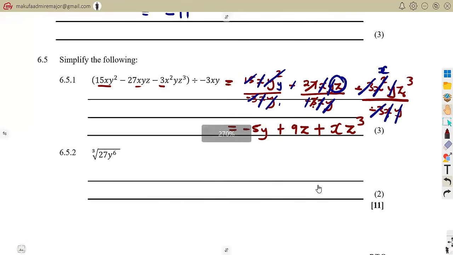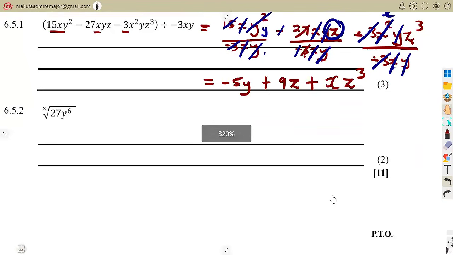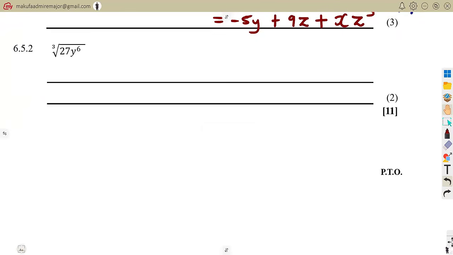Then on 6.5, you are given to determine the cube root of a negative of this. This is positive 27 y to the exponent of 6. Remember the cube root of 27. You can even use your calculator there. That is a 3. Then the part of y, which is raised to the exponent of 6.